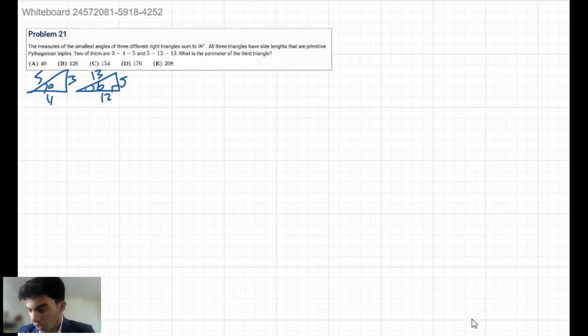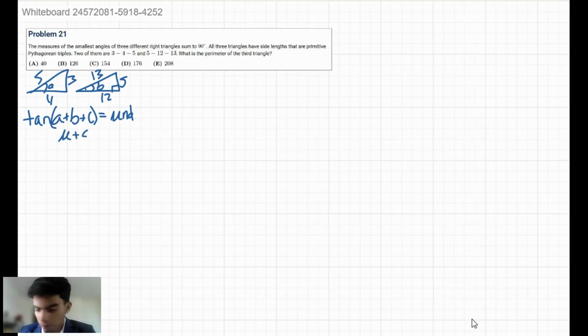And then we can define C to be the smallest angle in the third right triangle. Okay, so now we can obviously say that tan of A plus B plus C is going to be the tan of 90 degrees, which is essentially undefined.